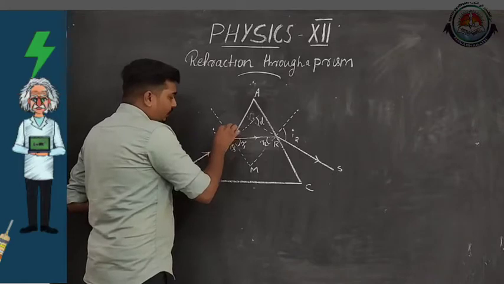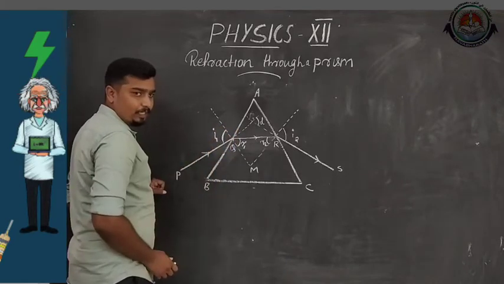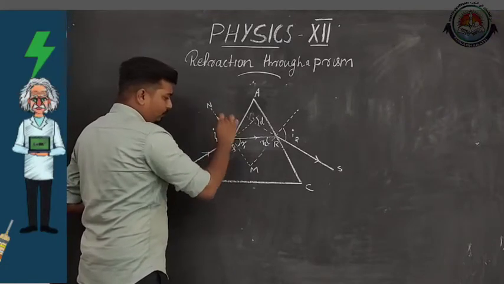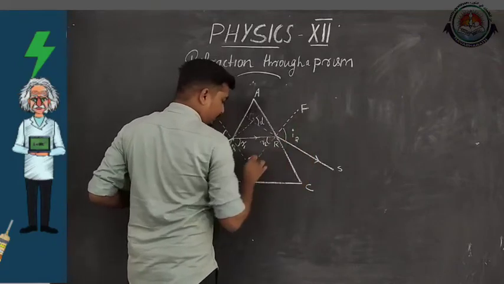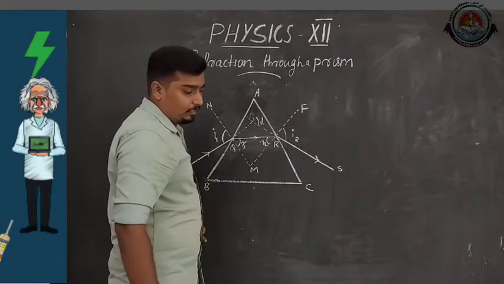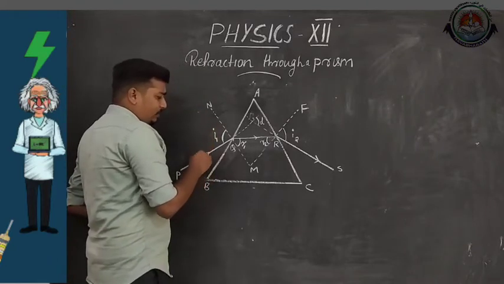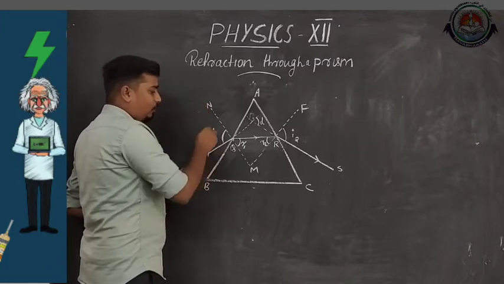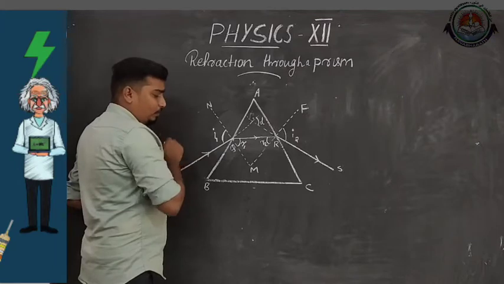Here the incident angle is represented as I1, the angle between the incident ray and this normal. This NM is a normal, and here I am taking this as F. This FM is another normal.